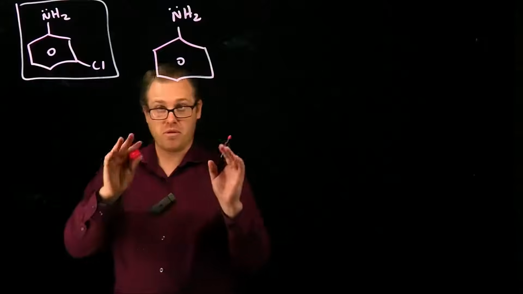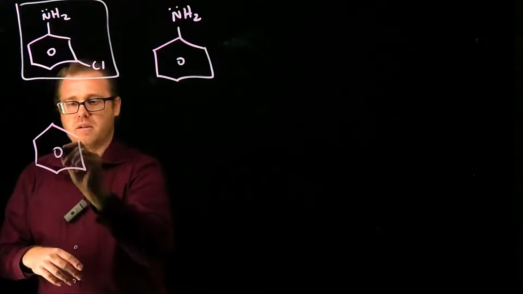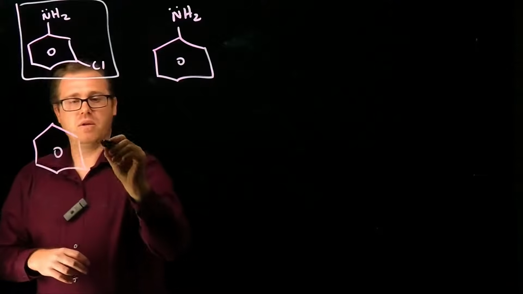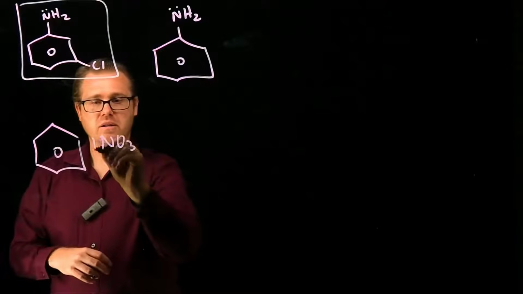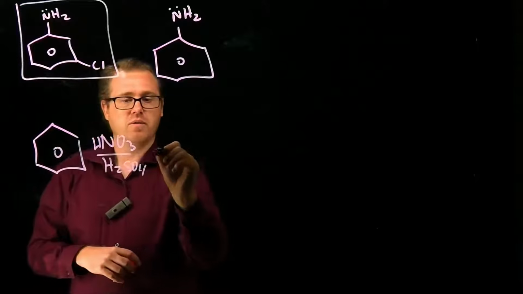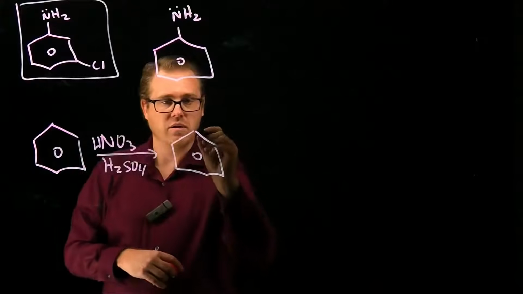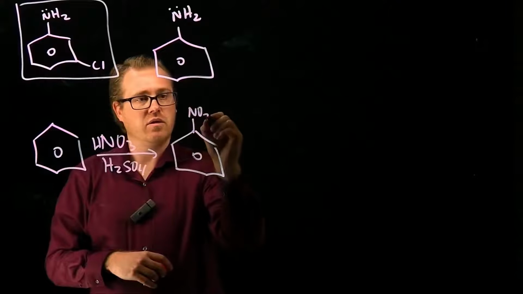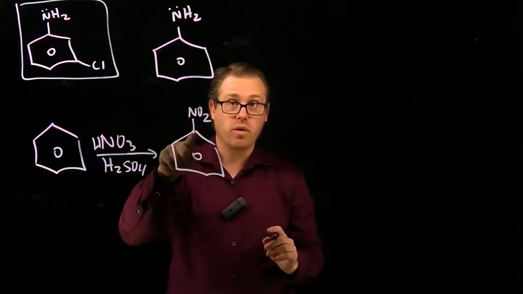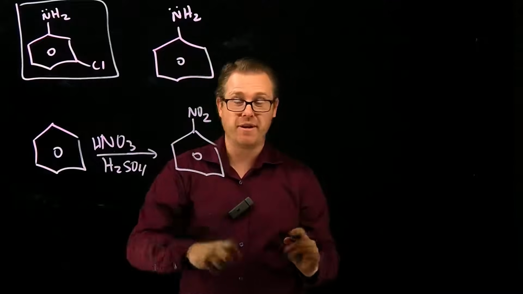So if we remember that, what if we started with the nitro group? What if we do the nitration? We would get the nitro group. That now is meta directing.